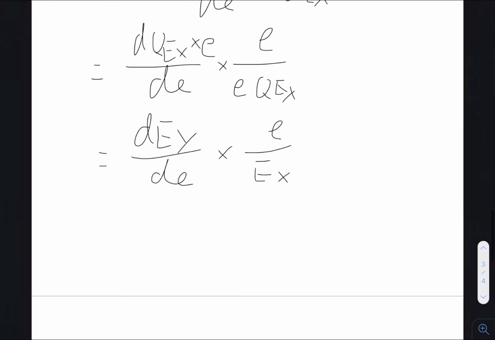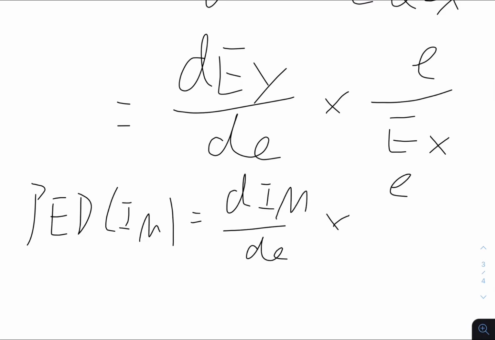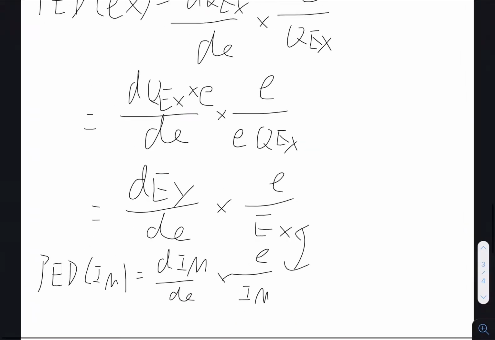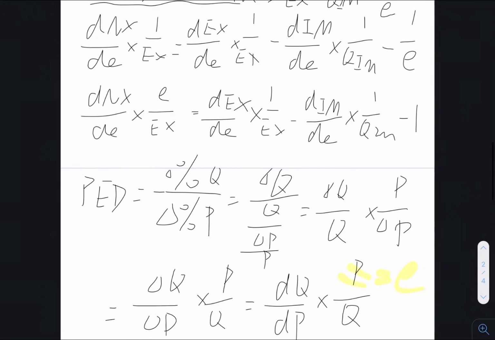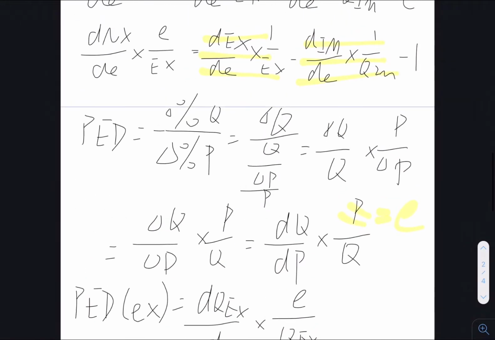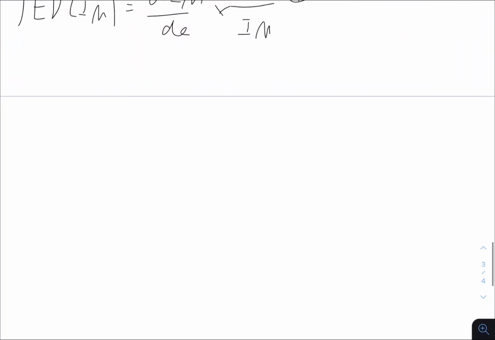In the same way we can get that the PED of import equals this, because they're exactly the same. And we can see that magically the PED of export equals this part, and this part is the PED of the import. So let's insert these two PEDs into the previous equation, then we can get this.